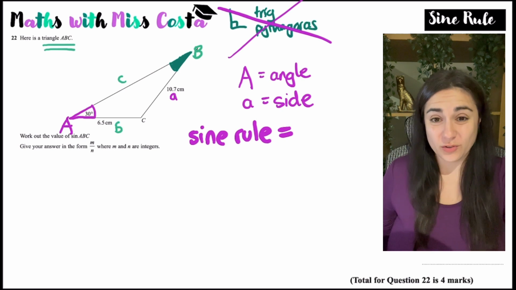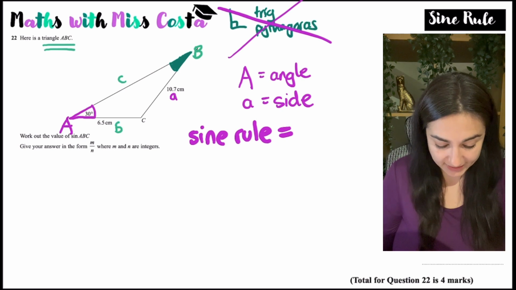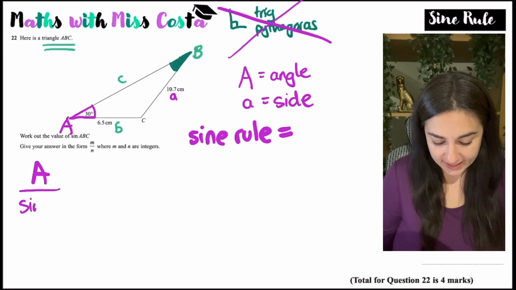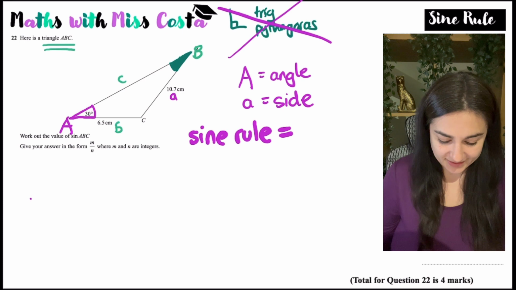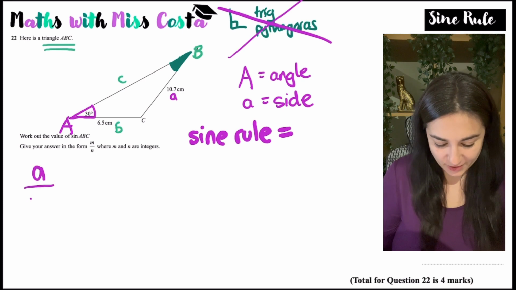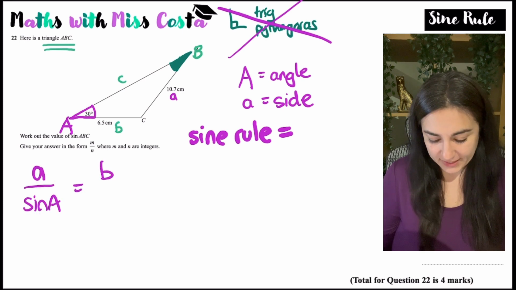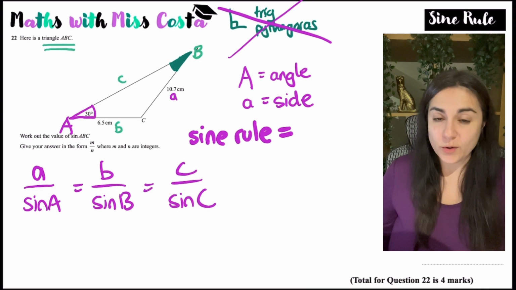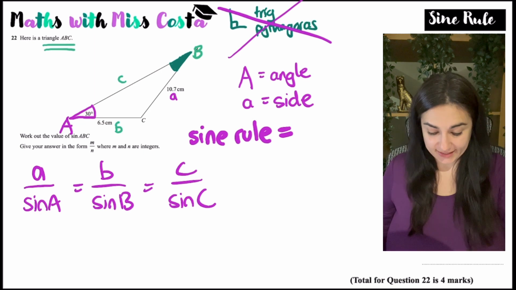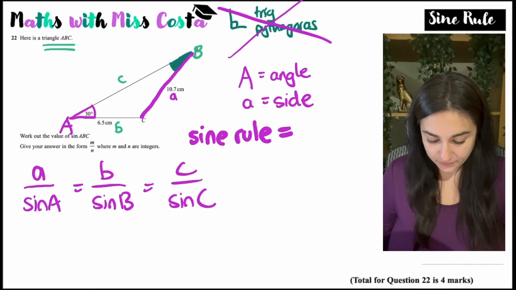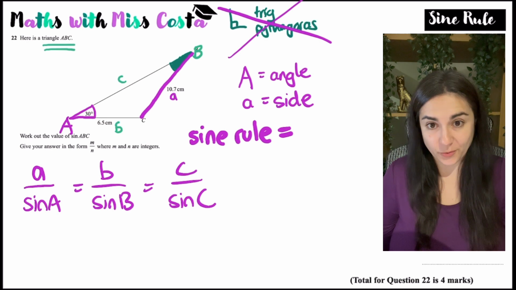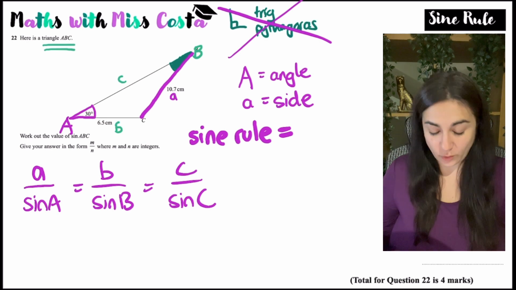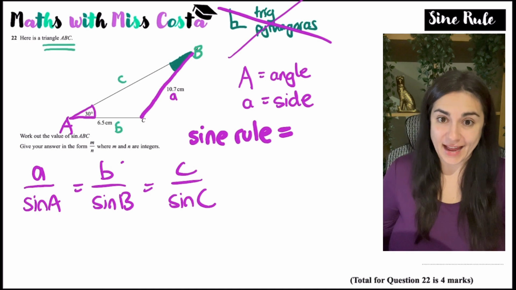Now, if you are not super familiar with the sine rule, really quickly, it is just a over sine A. Oopsie, sorry, already gone wrong. a over sine A equals b over sine B equals c over sine C. All this means is that a little side, so this side here, divided by sine of this angle here, is equivalent to side b divided by sine of angle B.